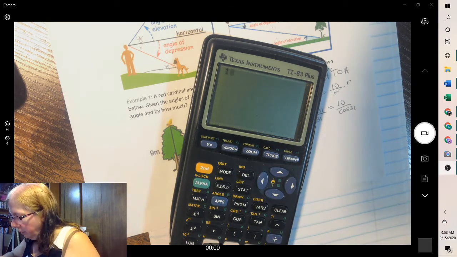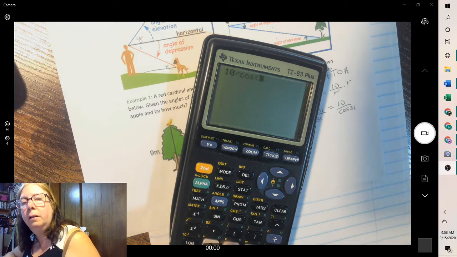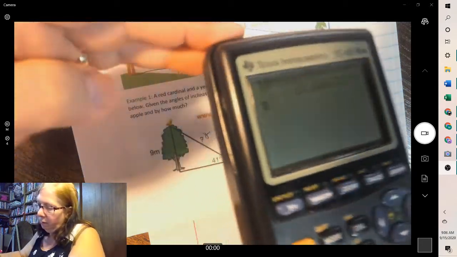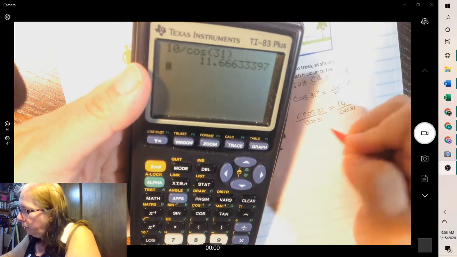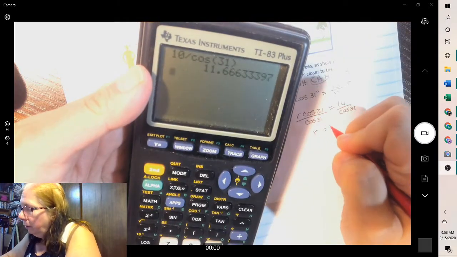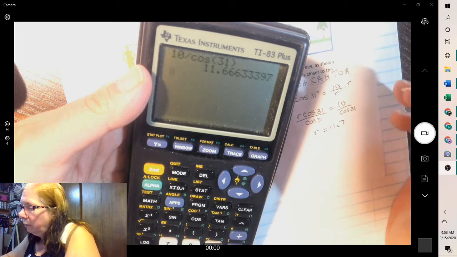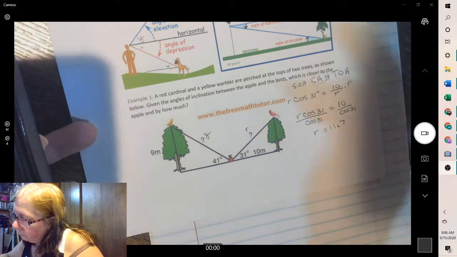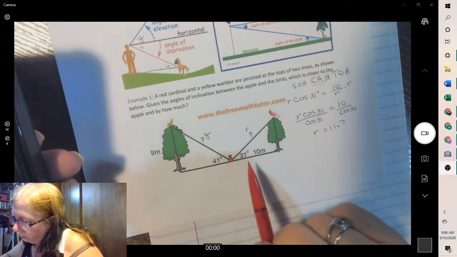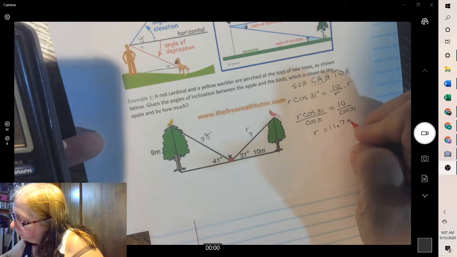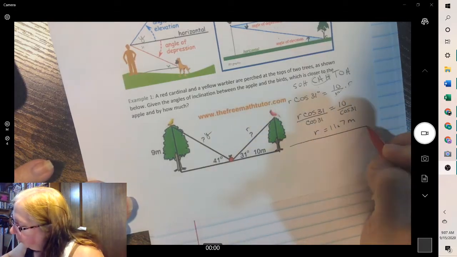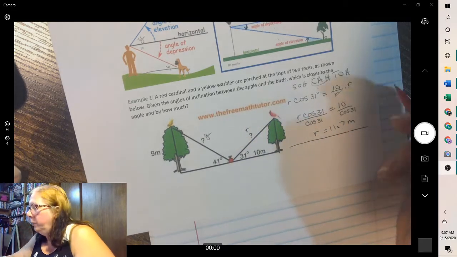And we want 10 divided by cosine 31. And it didn't say what to round to, so I'm just going to round to the tenth, 11.7. They didn't give any measurements. Oh, meters. So the red cardinal is 11.7 meters away.